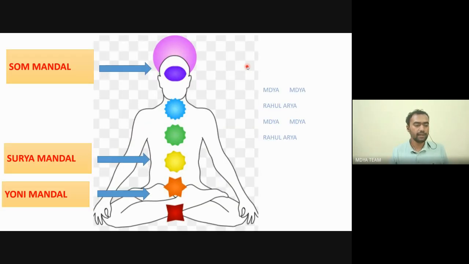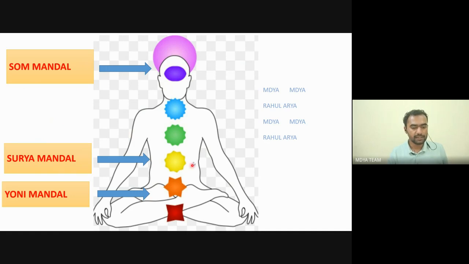So mainly three kinds of mandal. Mandal means the places. When you study about the Viprit Karni Mudra, then you will get to know the role of Yoni Mandal, Surya Mandal, and Som Mandal. I'm only highlighting main points. Details we will study later. Okay. Som Mandal is placed in our head region.